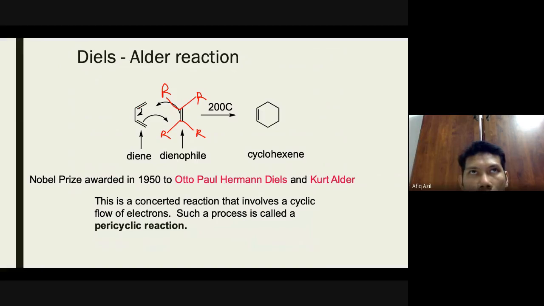They are not removed or anything. What happens is just this diene and dienophile will fuse together to form a cyclic compound. What happens to these substituents? They will remain here. These two R will be positioned on the same carbon, since they are not being removed or substituted even.